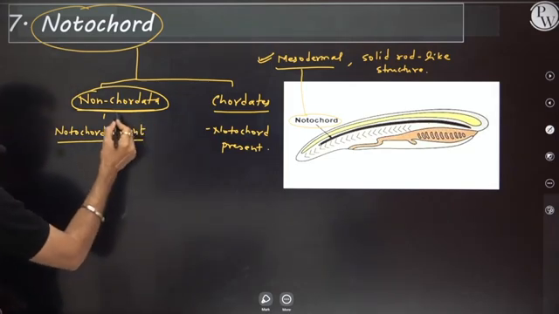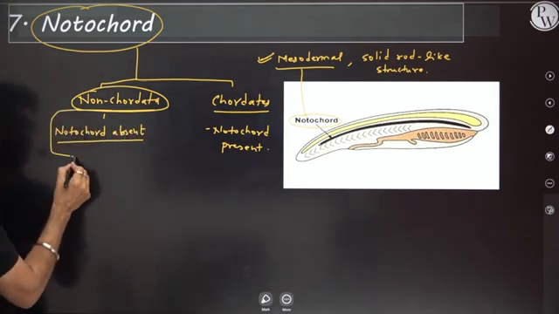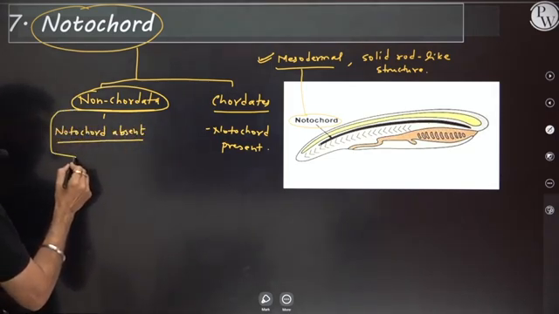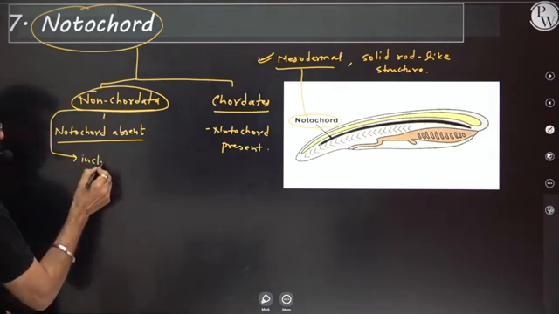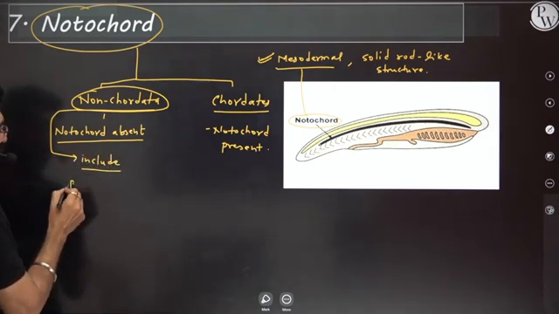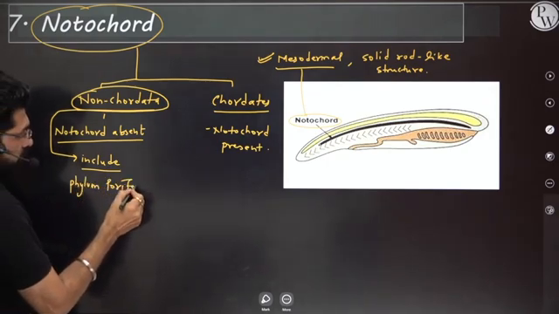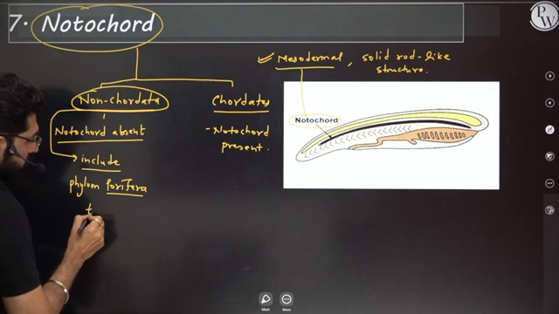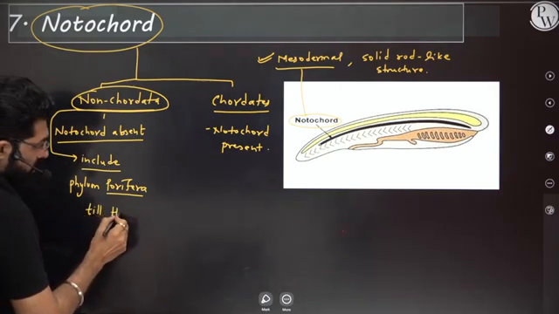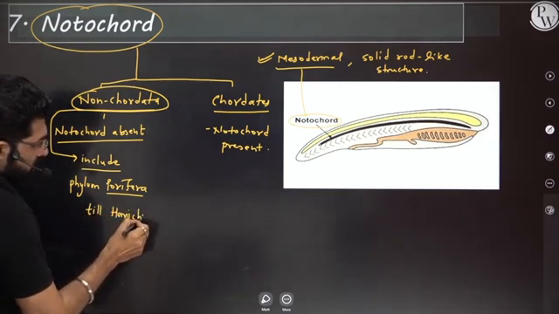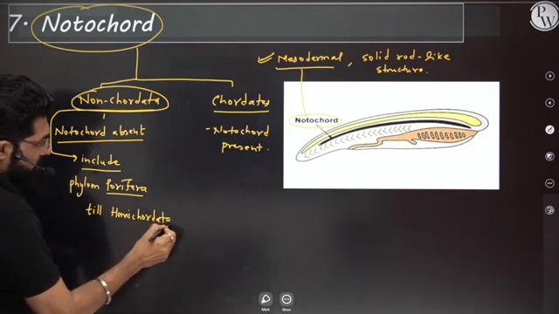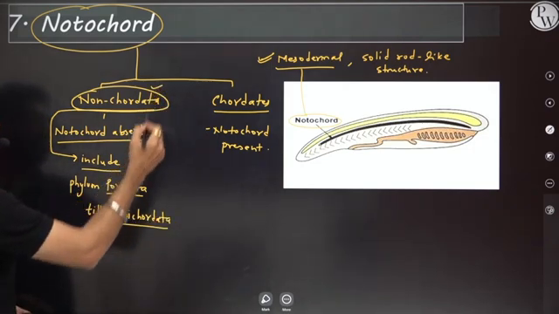So see, non-chordates, these include phylum Porifera, members of phylum Porifera till Hemichordata. Till Hemichordata, all of them are non-chordates.